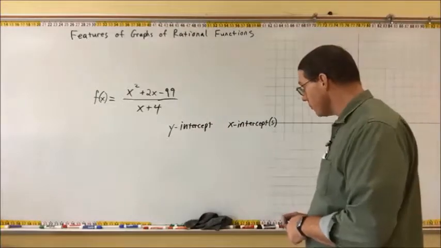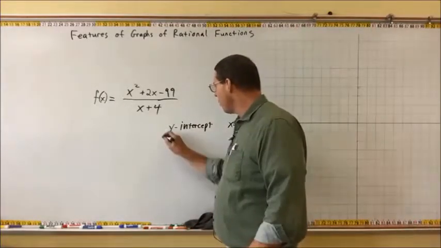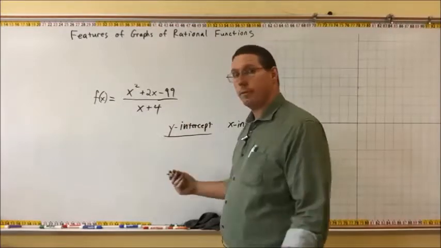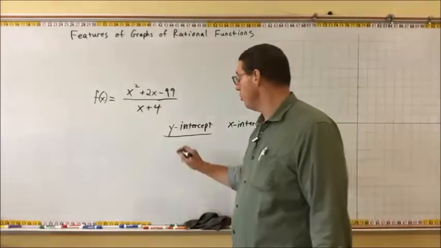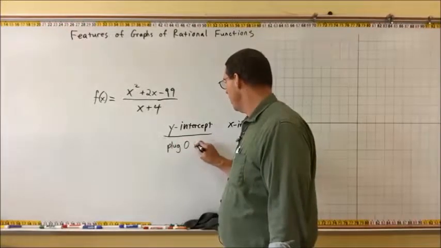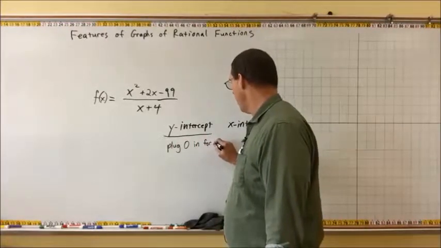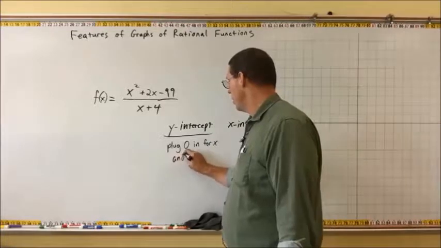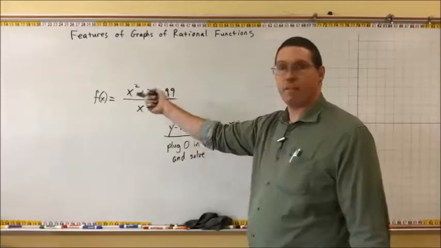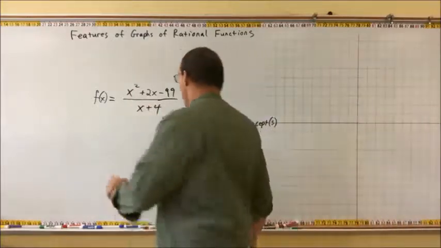Okay? So, how do we identify the y-intercept of a rational function? This is easy. All you do is plug 0 in for x and solve. Okay? So I want to plug a 0 in for x and just get a number.